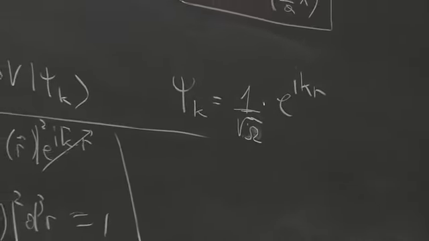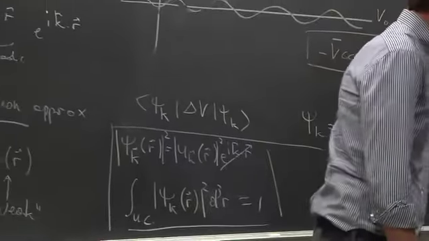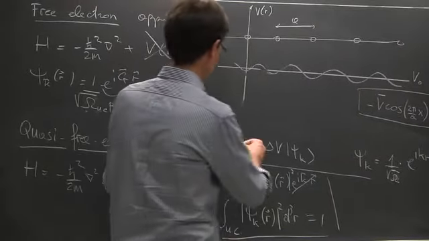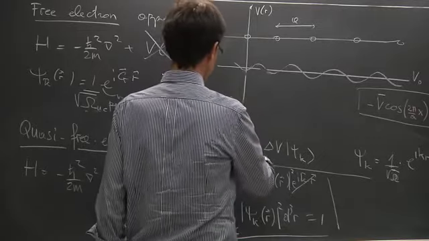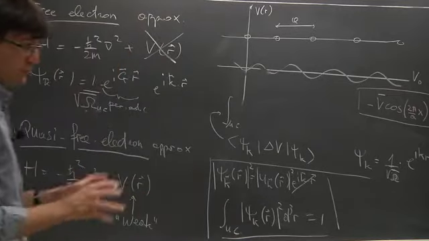All right? So I wanted to calculate this expectation value. Where shall I do it? I do it here. So this is now the integral over the unit cell. That's my definition of expectation values.